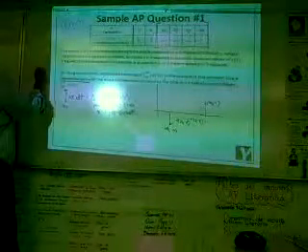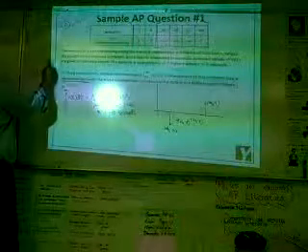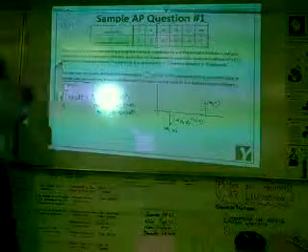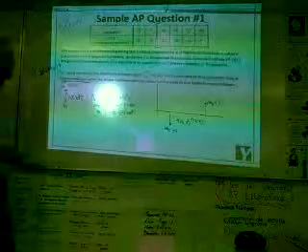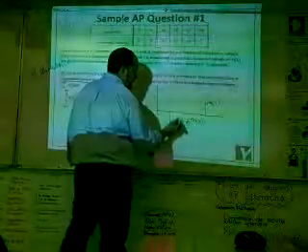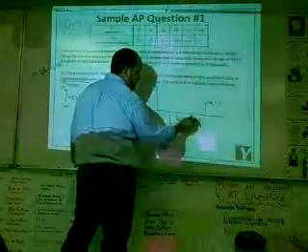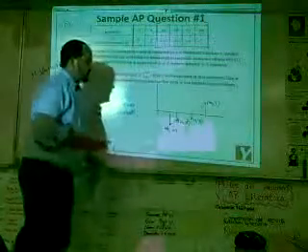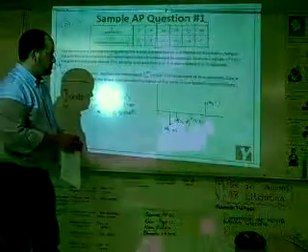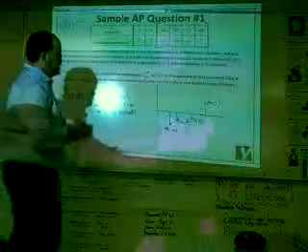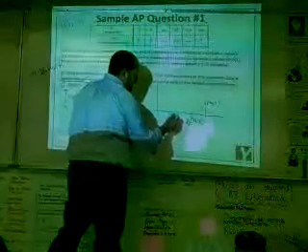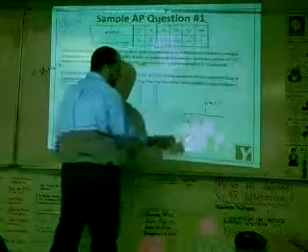The area formula for a trapezoid is 1/2 the sum of the bases times the height. We're going to divide this interval into 1, 2, 3 trapezoids. For my first trapezoid, that's going to be this guy over here.